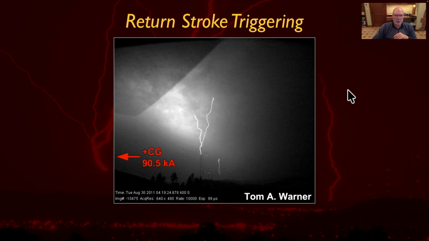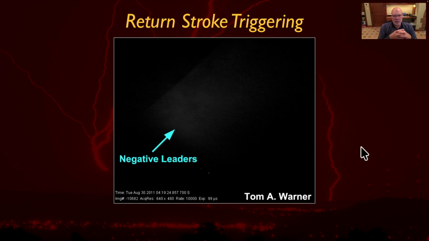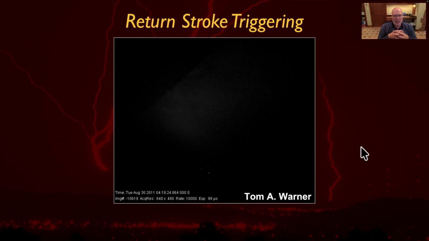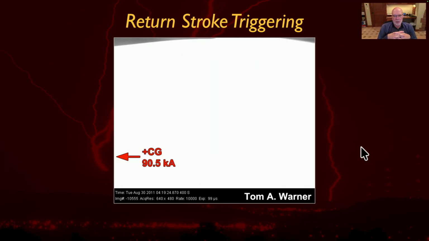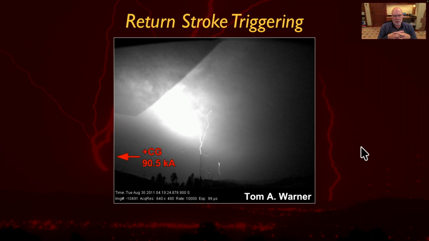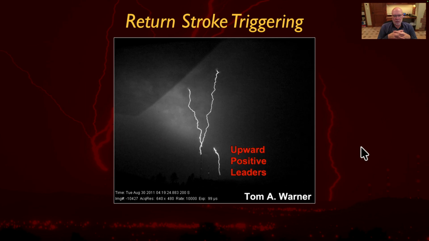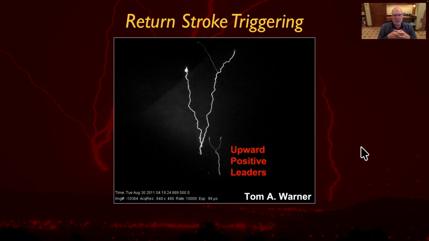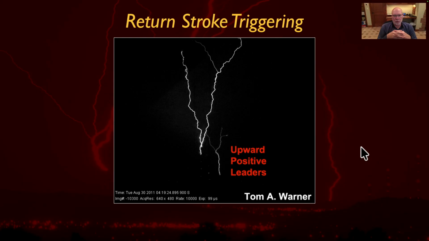And again, here's another one. In this case, the return stroke occurs off the field of view, a 90 kiloamp positive CG return stroke. So previous negative leader activity does not initiate any upward leader activity, but that return stroke clearly triggers that intense upward positive leader growth.